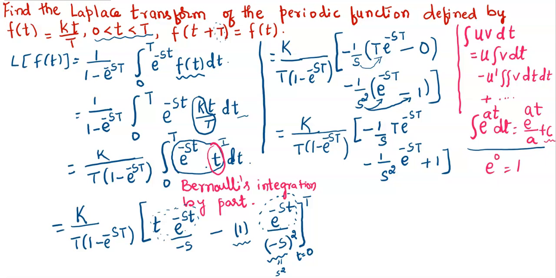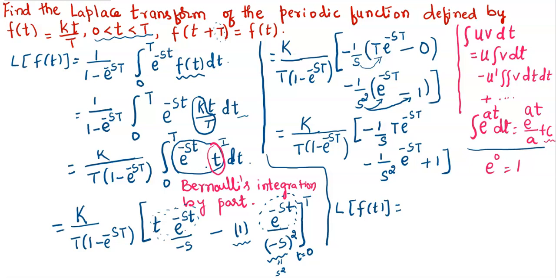Or else you can multiply k by T into 1 minus e to the power of minus sT to this function inside also, or else you can retain the same. So let me conclude. The Laplace transform of the given function is, I'm going to multiply this.